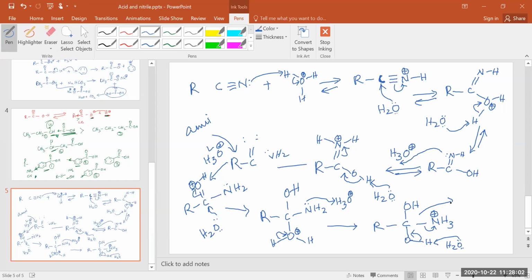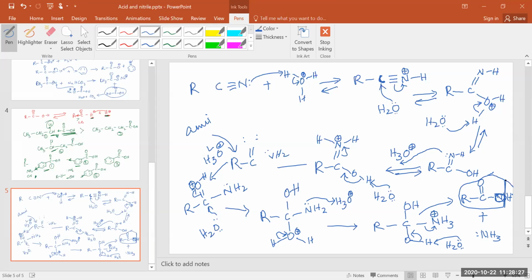So what will be the product? The product will be carboxylic acid. Sorry, here OH. So this is the final product, and here ammonia will be the byproduct which will react further with the acid and will give the product.